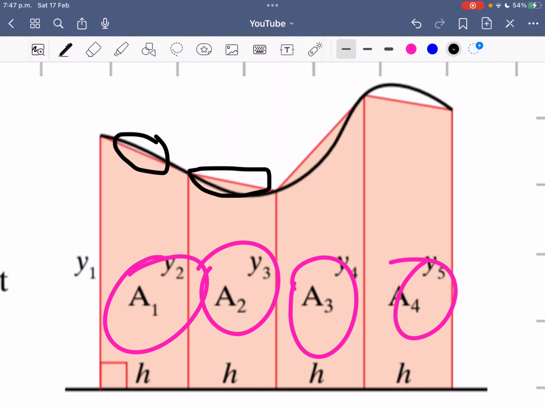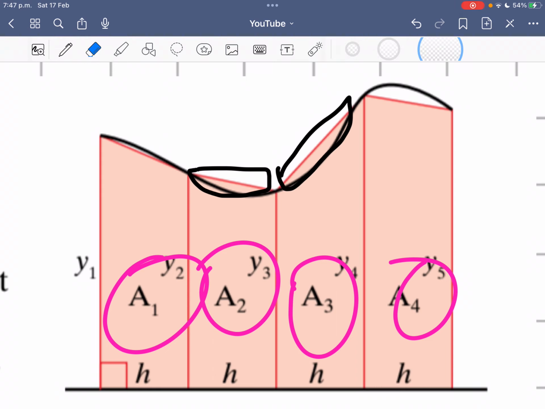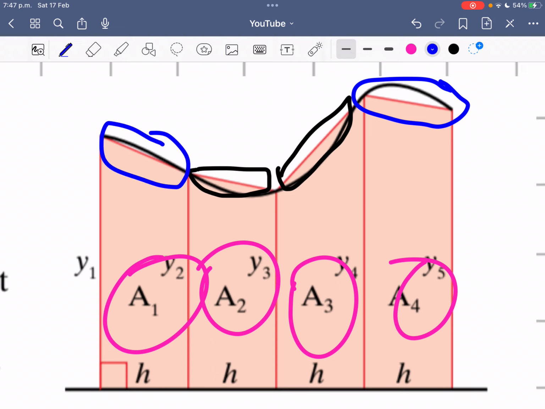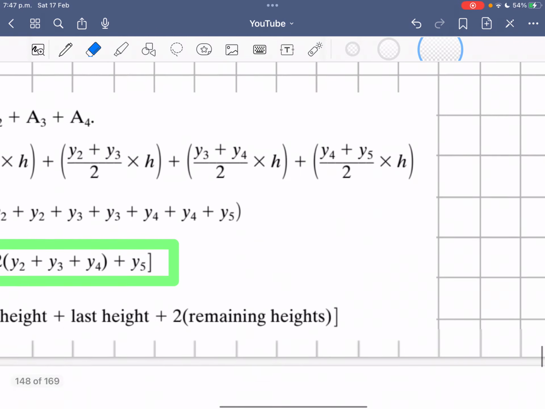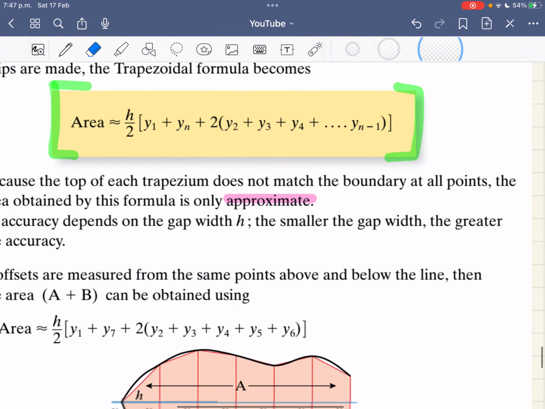The reason it's approximate is because those 2 bits circled at the moment are extra, and that is supposed to make up for this little bit that isn't included, and this bit that isn't included. They're supposed to approximately balance out. So it's approximate.